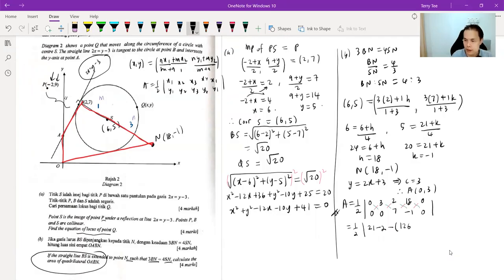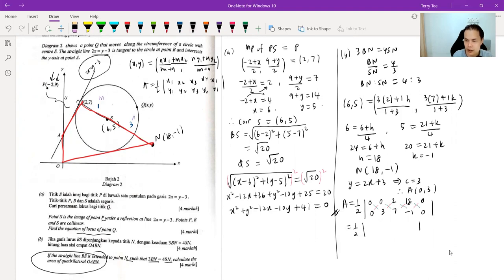Okay, did I miss out something here? I think I made a mistake, sorry. This is not (3, 0). This is (0, 3). Sorry about that, I wrote this wrongly. The coordinate for point A is (0, 3).